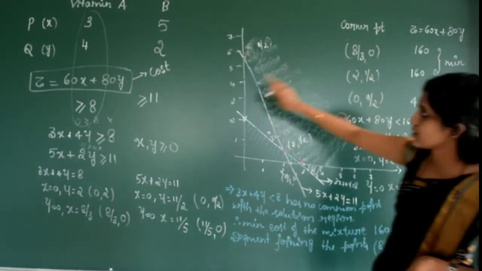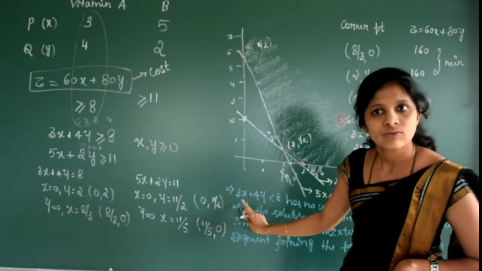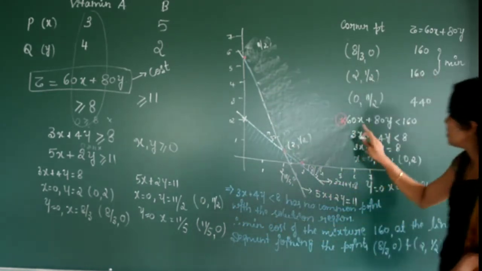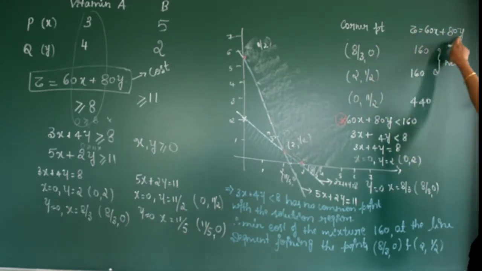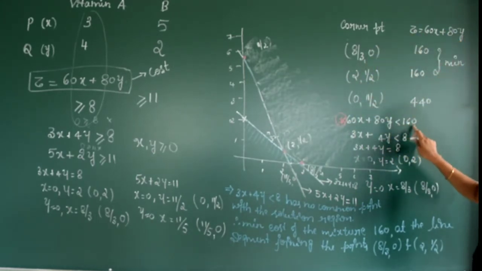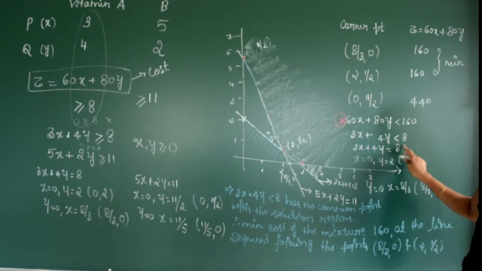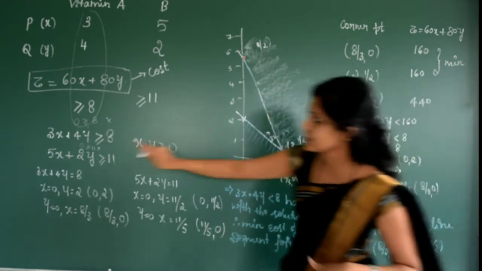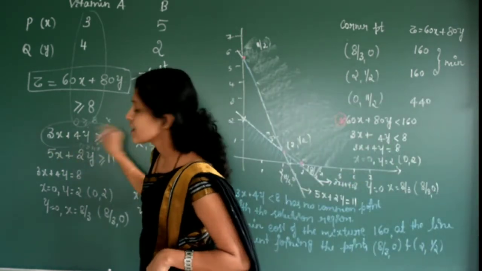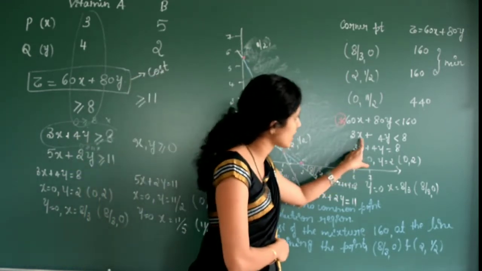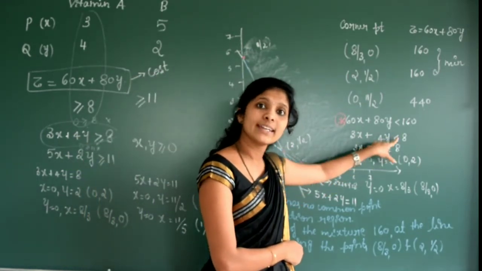Since it is a minimum, you have to consider 60x plus 80y less than 160. If you simplify this, this will be now 3x plus 4y is less than 8. To simplify this, you can observe this one: the given equation is 3x plus 4y greater than or equal to 8, and here the equation we got is 3x plus 4y less than 8.